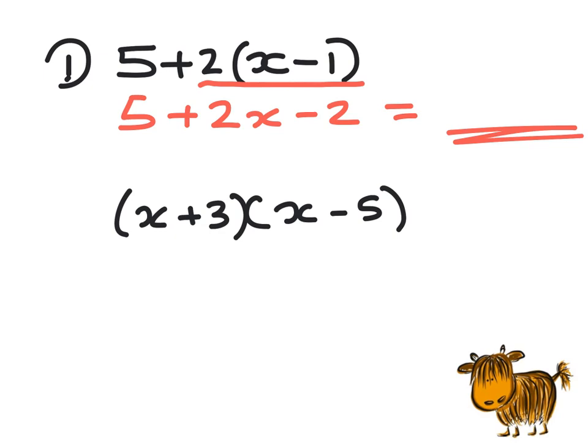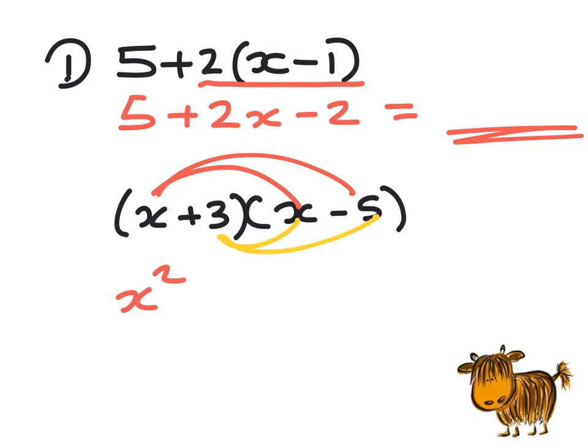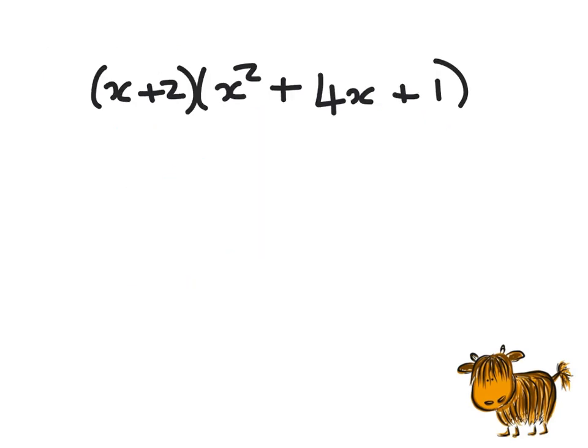Second one, pairs of brackets. So we go x times x, x squared, x times negative 5, 3 times x, 3 times negative 5, tidy all that up, again done. The third part, a little bit more complicated, but just do the same thing as we did previously.